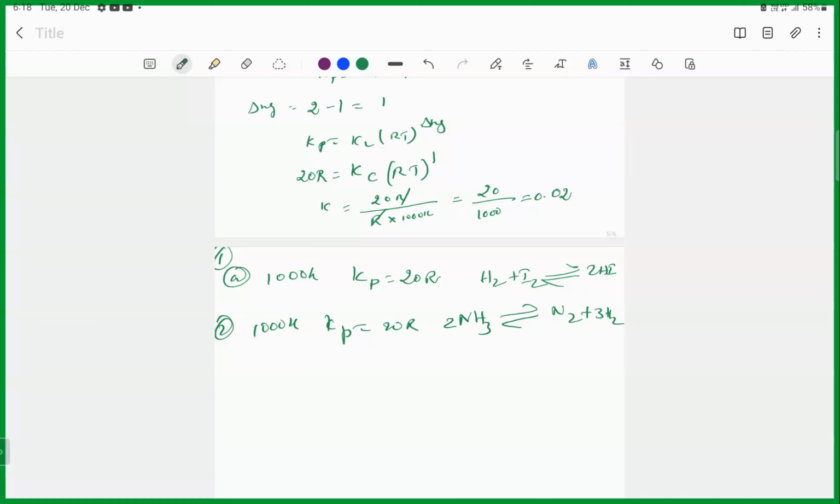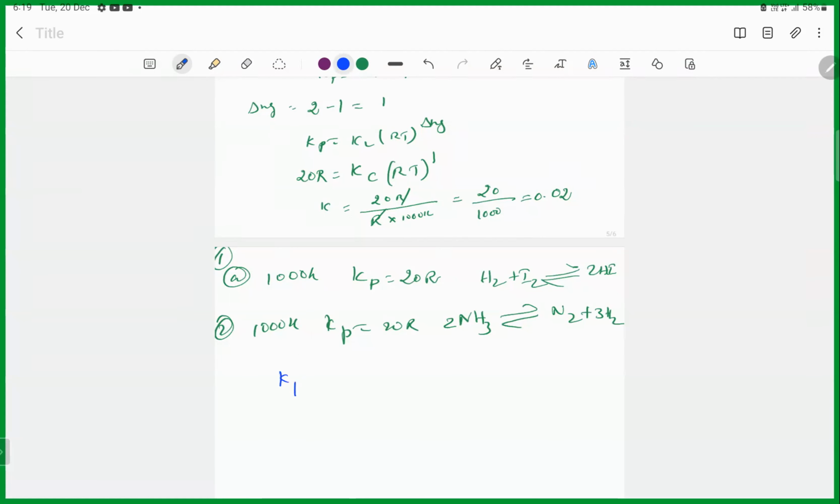Then we'll proceed. It's a simple calculation. Yes. First reaction again.